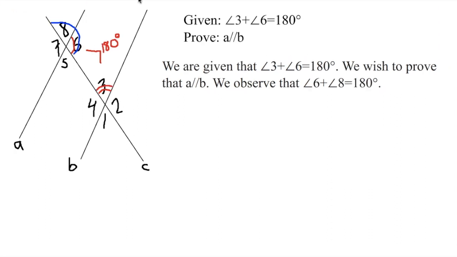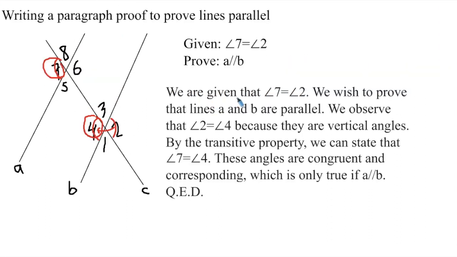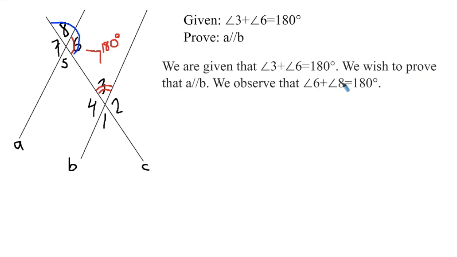Let me go back to the previous slide. Just like in the previous problem, we had these two statements, and they had angle 2 in common. Because of that, I can replace or go through angle 2 to connect 7 and 4, and that's called the transitive property. The same idea holds true here. I can use the 180 and glue these things together through the transitive property.